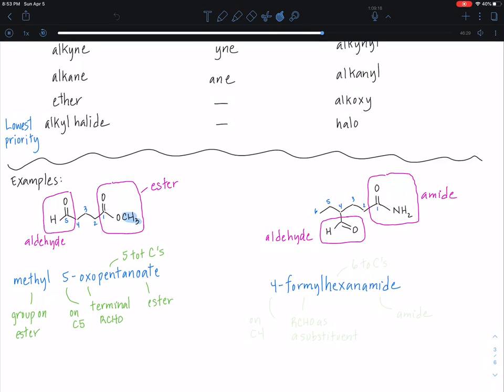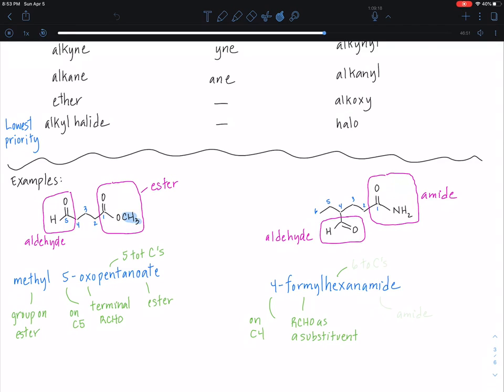So we can break this apart. We've got an aldehyde as a substituent. And this is going to be on the fourth carbon.